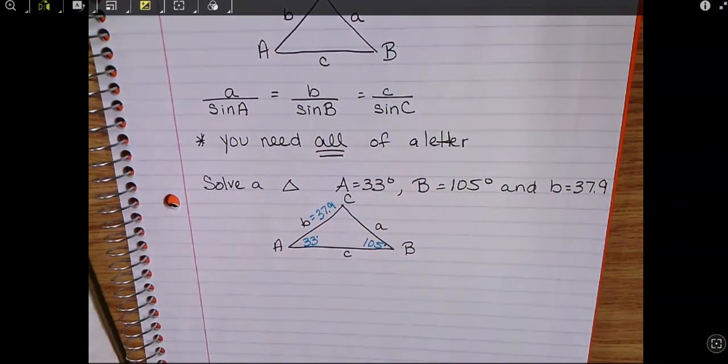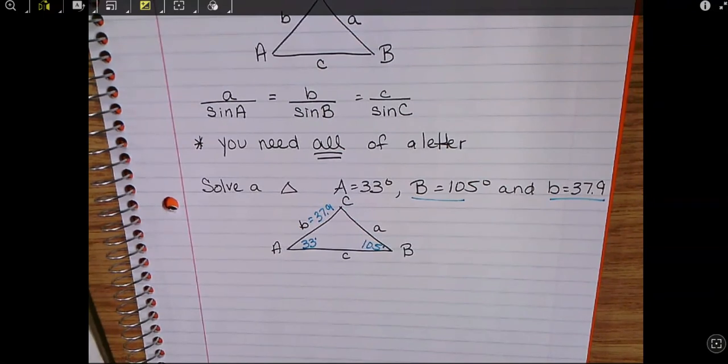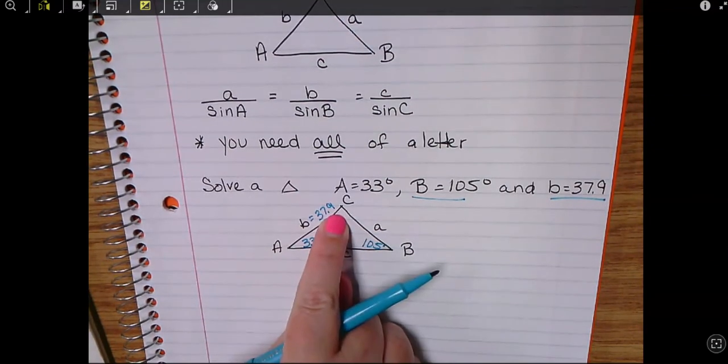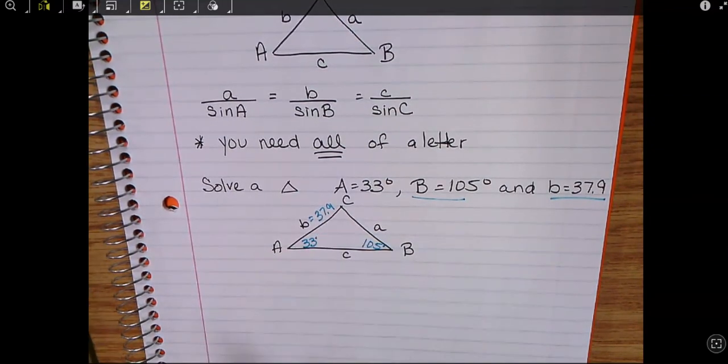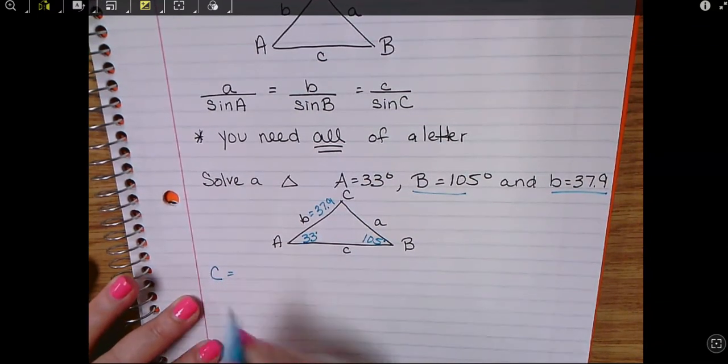You see, we can use the law of sines because I have big B and little b. That is important. Now, before I even get started, can I find angle C without using any trigonometry? The answer is yes.